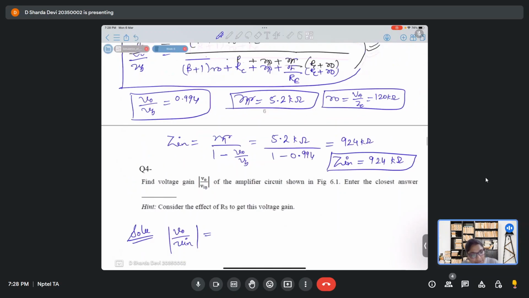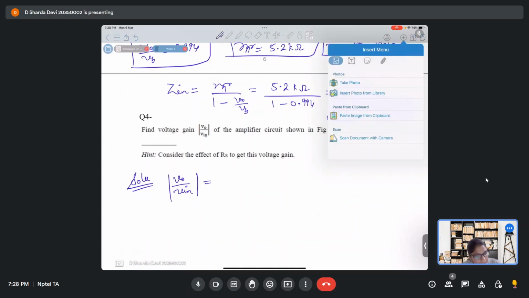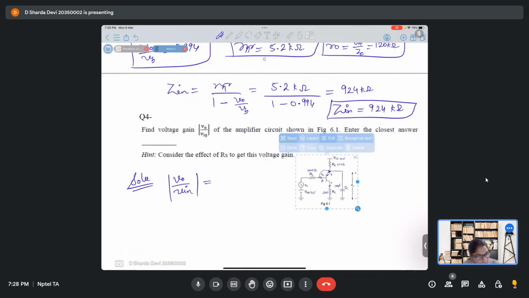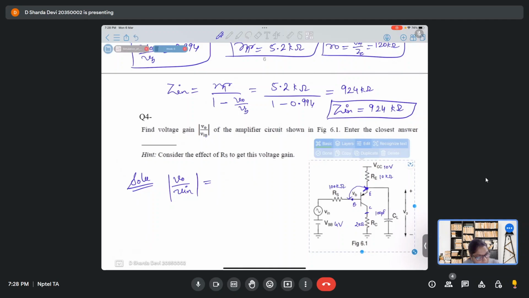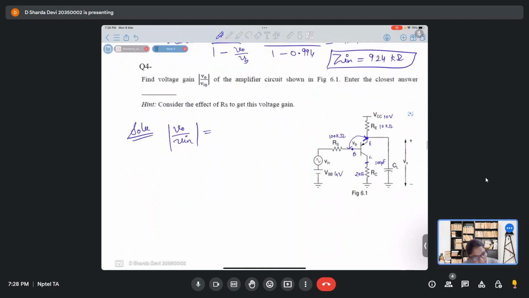So if we look at the circuit, from here, if I say V0 by V in, it's more like V0 by VB into VB by Vin, right?